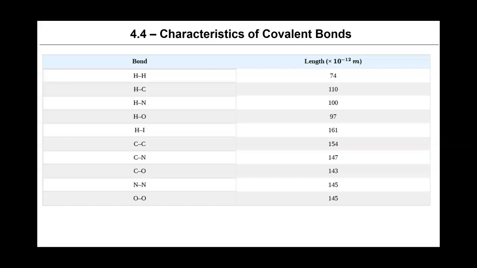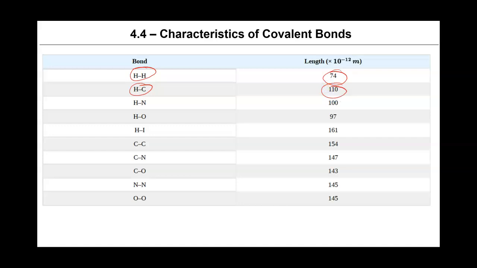So let's have a look at some covalent bonds, and you can see how the identity of the atom affects the length of the covalent bond. Hydrogen atoms are very small, so the bond between two hydrogen atoms is the smallest one that we see in the table here. When we bond hydrogen to carbon, because carbon is larger than hydrogen, you can see that the bond gets longer.